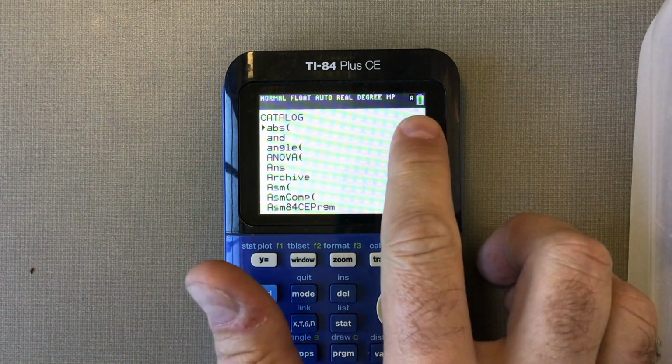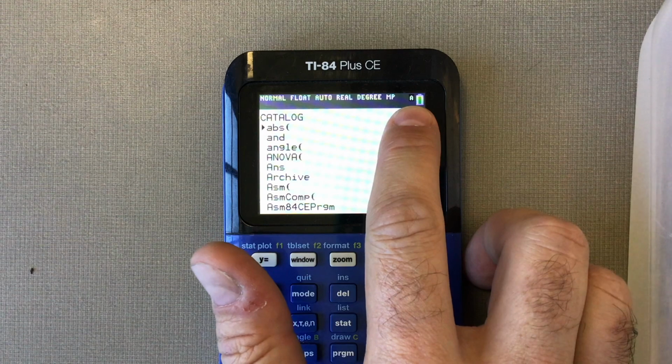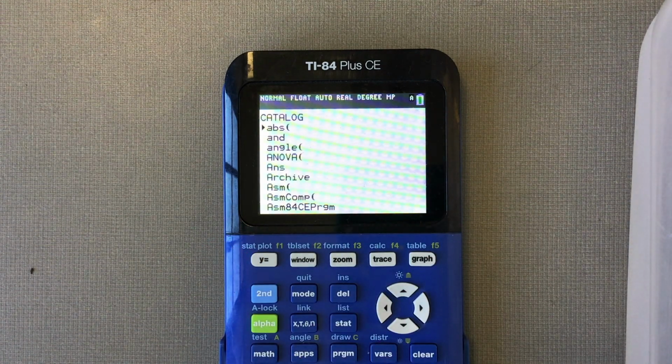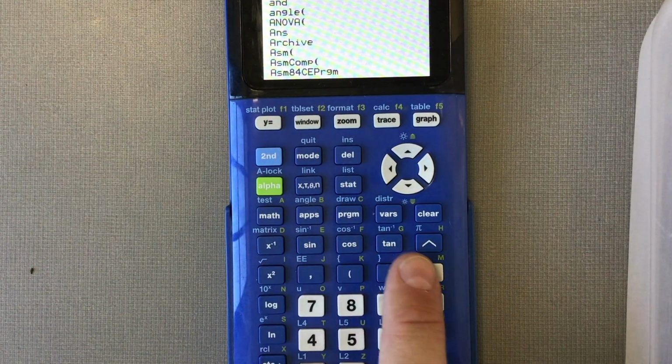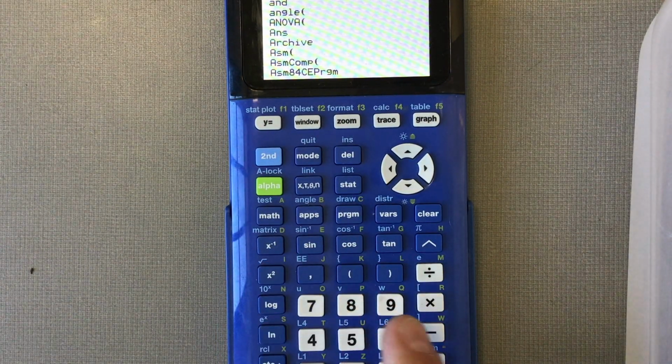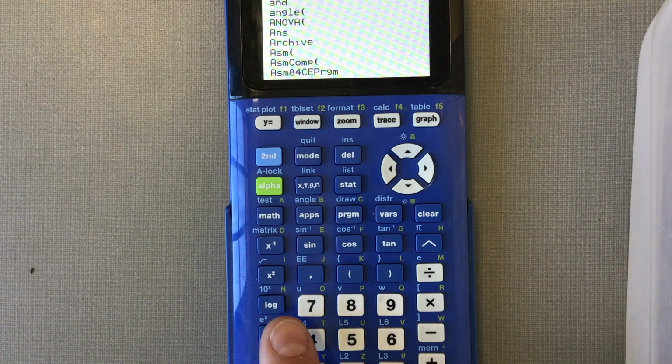What's kind of cool is up here, maybe you noticed, there's a little capital A that showed up. That means that we can use the alphas here. There are all these little green letters that are the different letters of the alphabet, and we can hit any one of those letters and it'll jump us down to that particular section of the catalog.